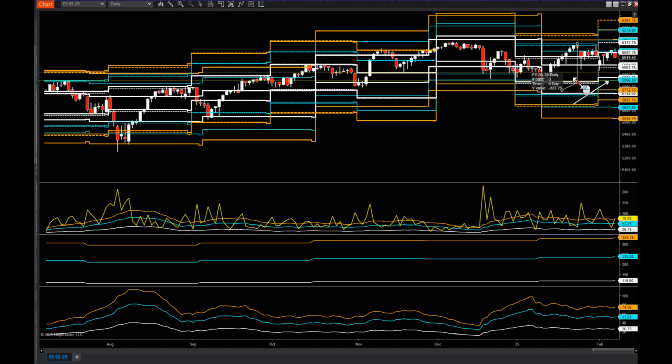Right here, 333. Oops, there's 330. So yeah, I mean that takes me right here also. So there's numerous confirmation that this could be a really nice area for the market to come down in.